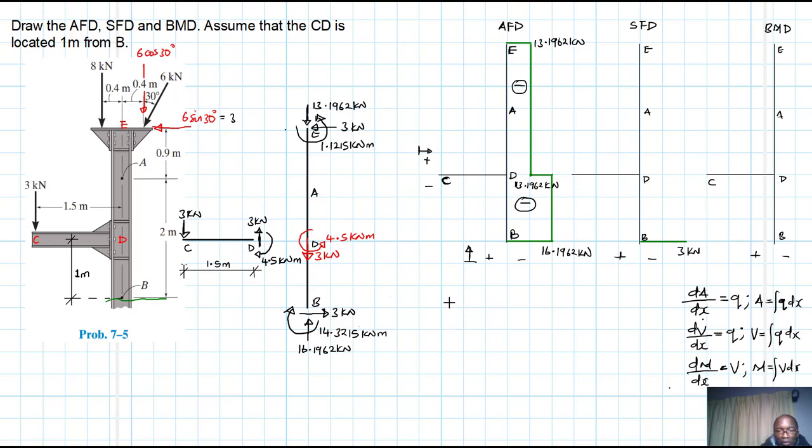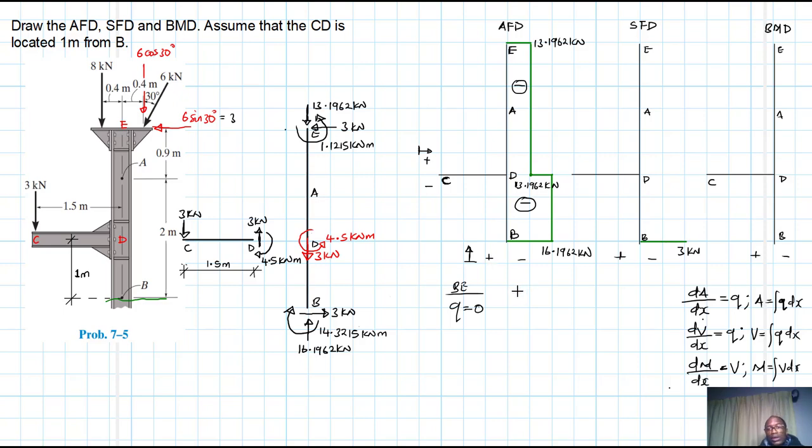So let's now check what we have from B to D. In fact, there's nothing. It is just at B and E. So from B to E, Q is equal to 0. This Q, please don't confuse it with the Q, the axial distributed force.